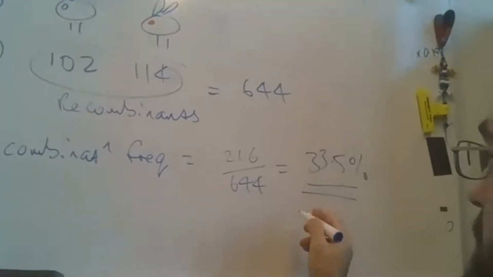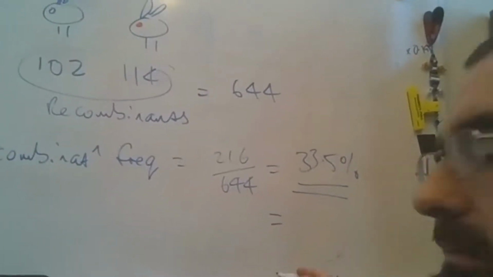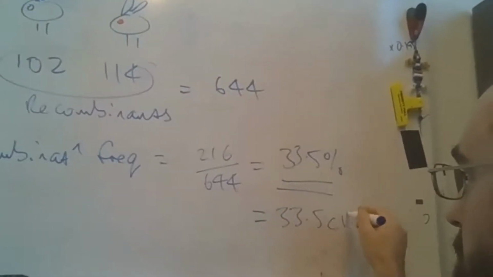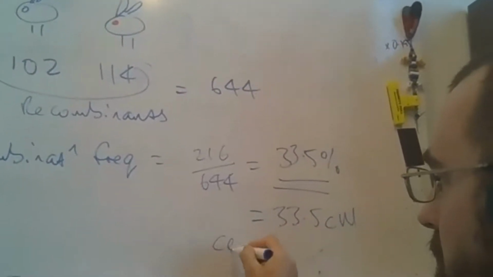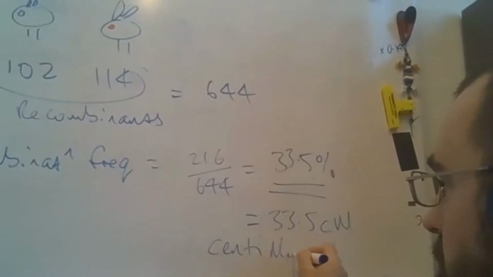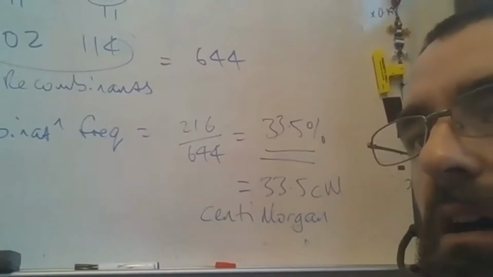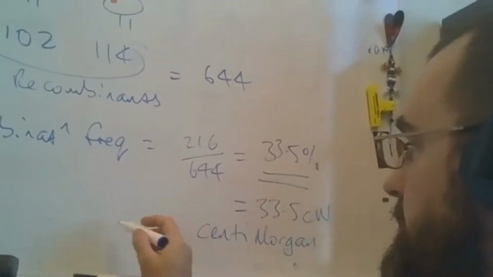And so we can give that a unit, which is not arbitrary, but kind of a theoretical unit, which is centimorgan, after Thomas Hunt Morgan. That's our mapping distance.